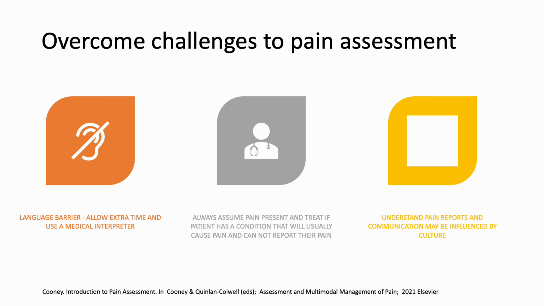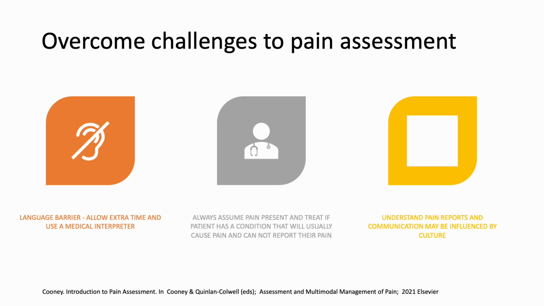If there's a language barrier, we need to use a medical interpreter, not a family friend or staff member who's not trained in interpretation. We want to allow extra time. Patients that can't report but they have injuries that we think would cause pain, we want to assume pain is present if they have this condition that will cause pain and they can't report it.